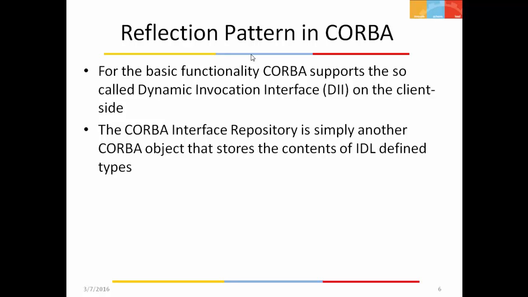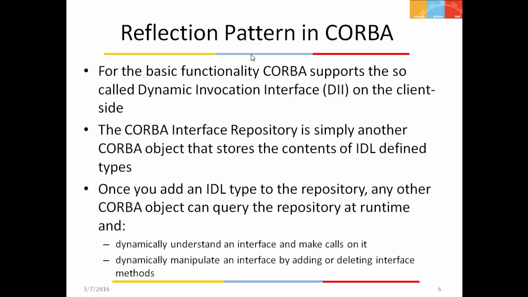The user doesn't have to do anything for that. Once this IDL type is added to the repository, anybody can query the repository at runtime. Essentially, as I said, it can dynamically understand an interface and make calls onto it. It can dynamically manipulate an interface by adding or deleting interface methods, and so on.